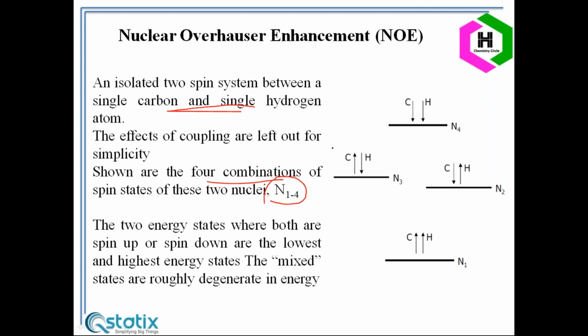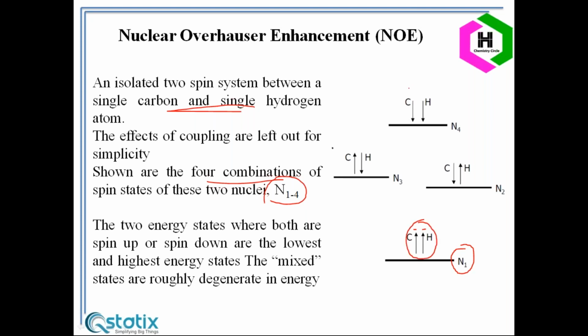Four different combinations are possible, in energy states where both are spin up or both down, the lowest and the higher states. So that means N1, you can see this one. When the carbon nucleus and the hydrogen nucleus spins are both in the positive direction, you have the lower energy.